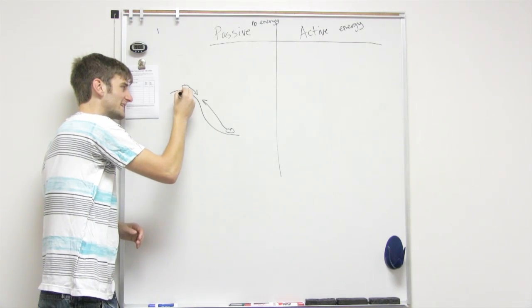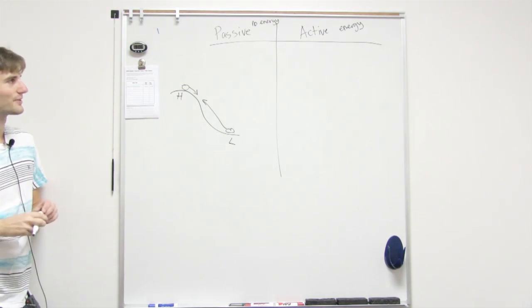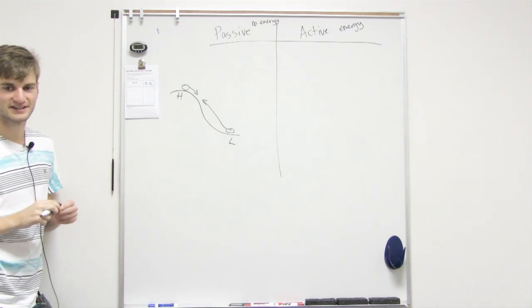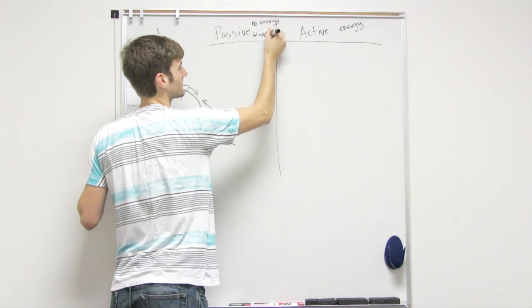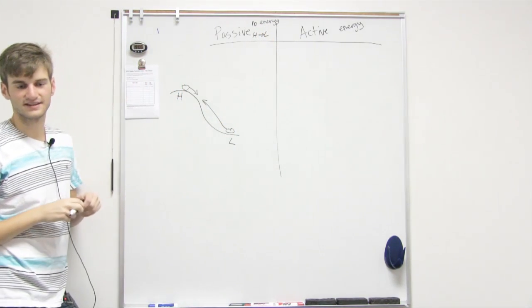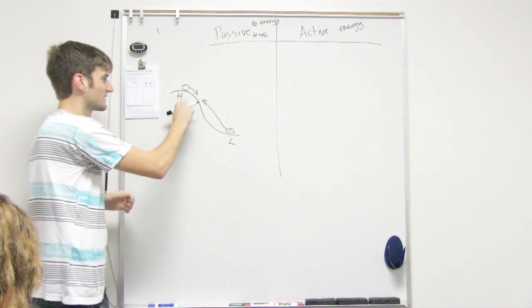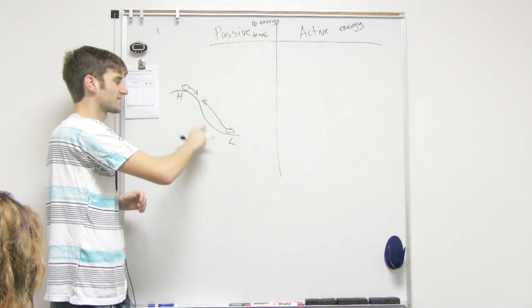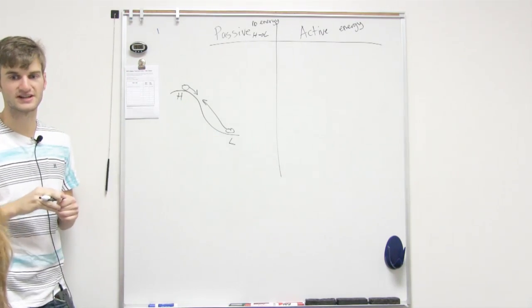So this is the high end, this is the low end. So in passive transport, we say it goes from high to low, because it's the easier way down. On the concentration gradient, yes, exactly. This slope or difference between high and low is called the concentration gradient.